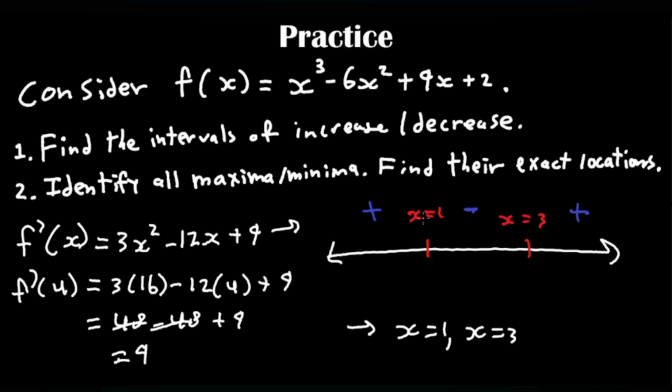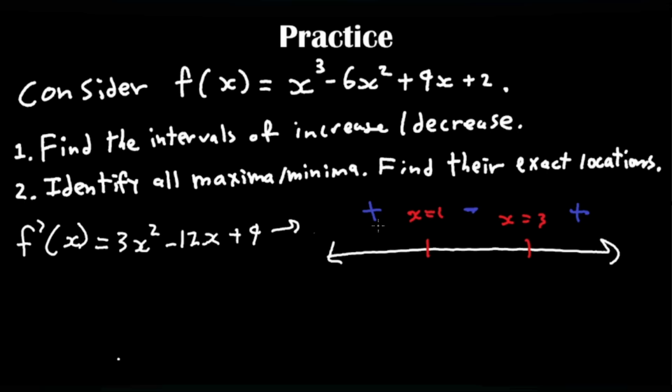Basically, between all your critical points, you want to plug in test values to see the sign of the first derivative. Because your first derivative is positive for x values less than 1, this means your function is increasing for x values between negative infinity and 1. Notice we're not including x equals 1 because the first derivative there is 0.